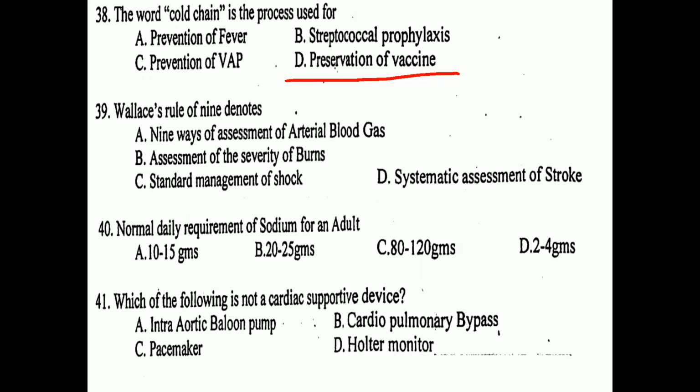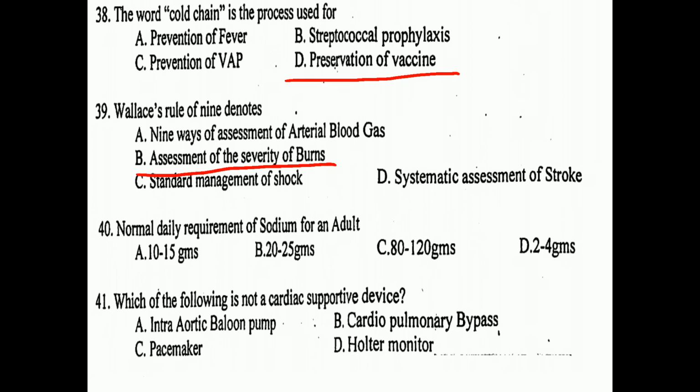Question number 39. Wells' rule of 9 denotes option A, 9 ways of assessment of arterial blood gas, B, assessment of the severity of burns, C, standard management of shock, D, systematic assessment of stroke. The correct answer is option B, that is assessment of severity of burn.